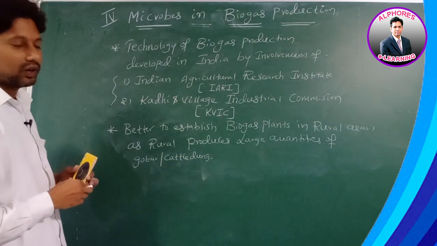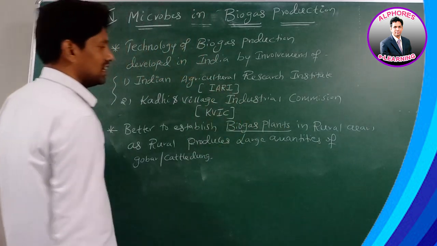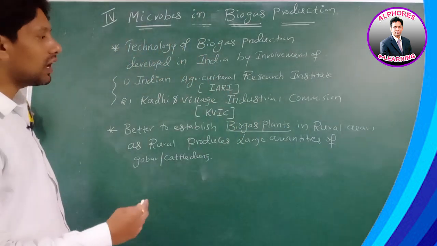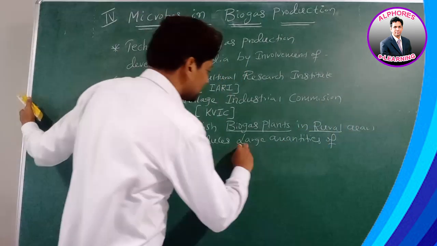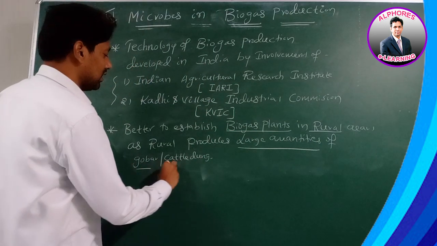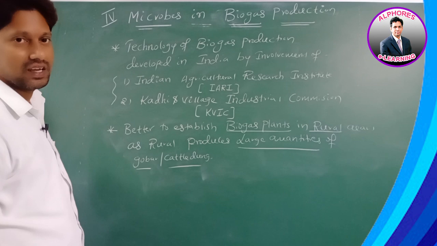Is this statement okay? Therefore, in which areas is it better to establish biogas plants? Rural areas. Why? Because in rural areas, large quantities of gobar or cattle dung are available.